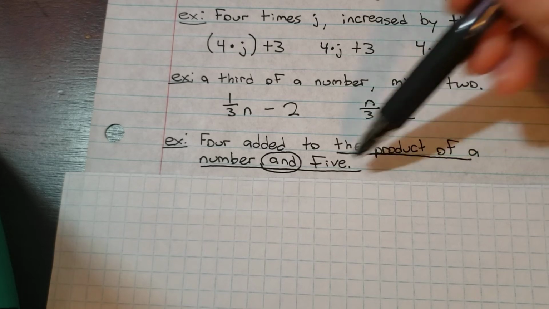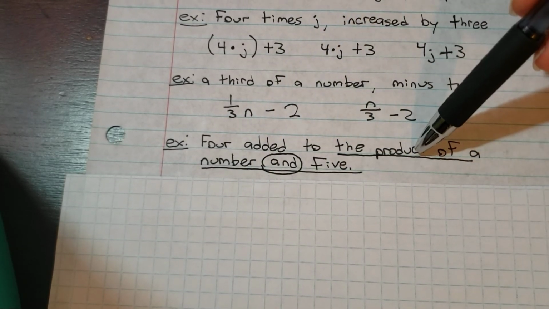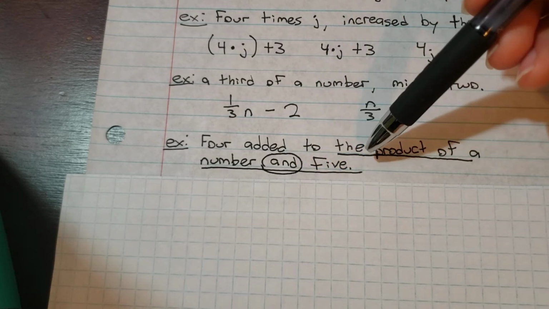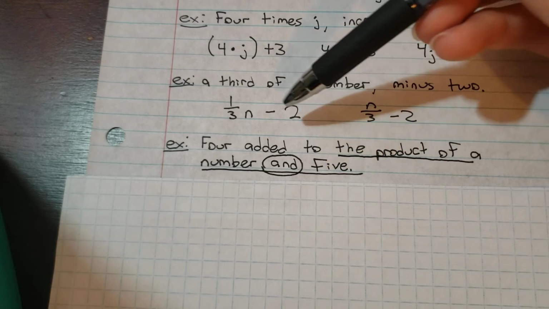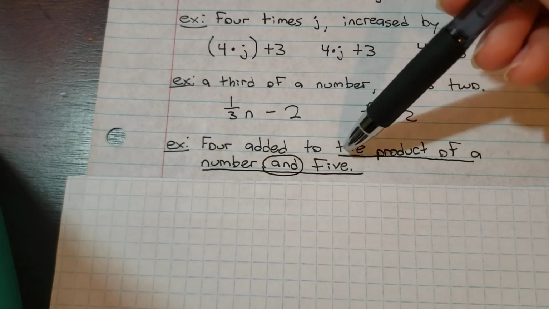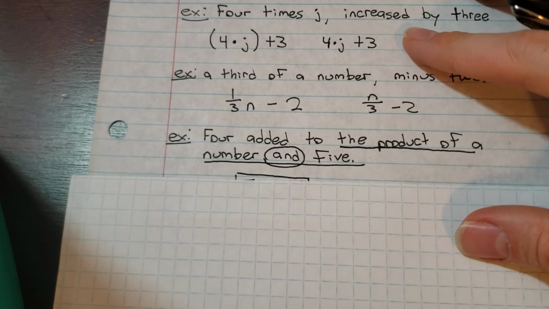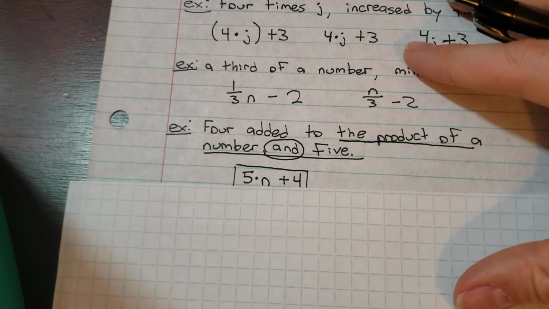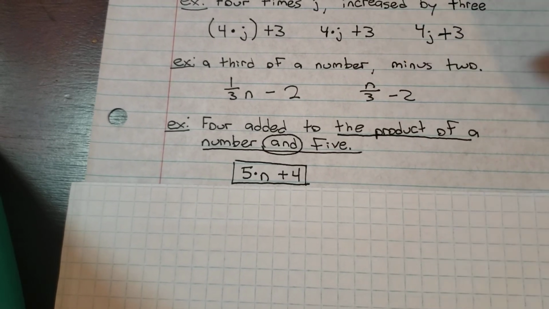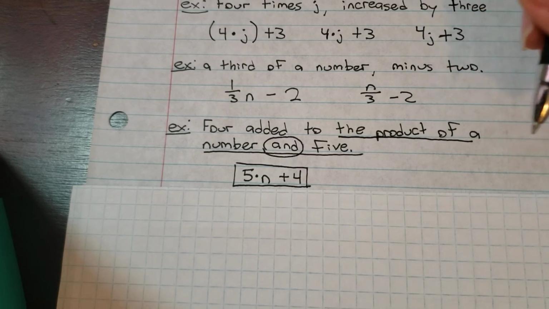So the product of a number and 5 needs to be connected. Product is multiplication. So we're going to multiply a number and 5, and 4 is added to that product. So the product of a number and 5 is going to be 5n, and then we're adding 4 to that.